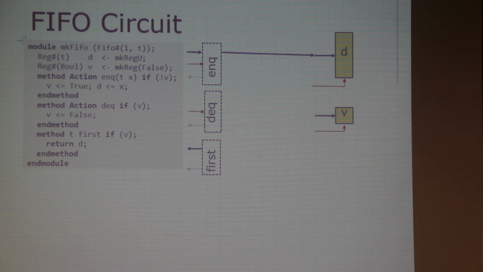Who writes in V? Ah, that's complicated. Okay, we'll come to that. Who sets D? Only NQ, so it will be enabled whenever NQ is enabled. And when is NQ ready? When V is false.